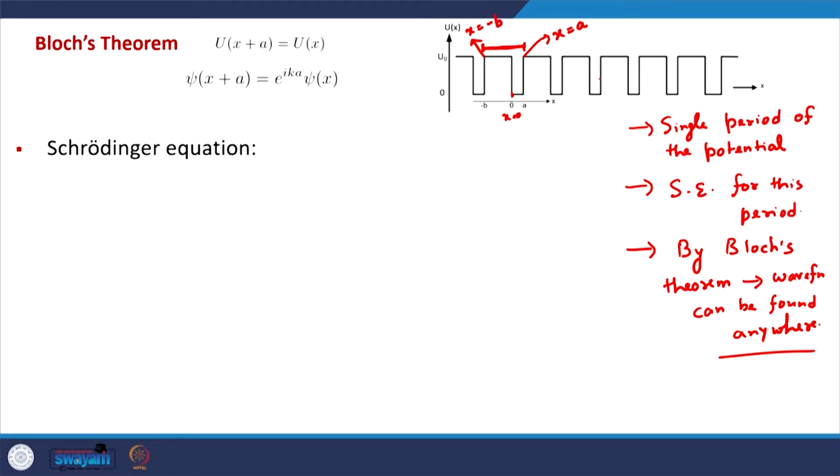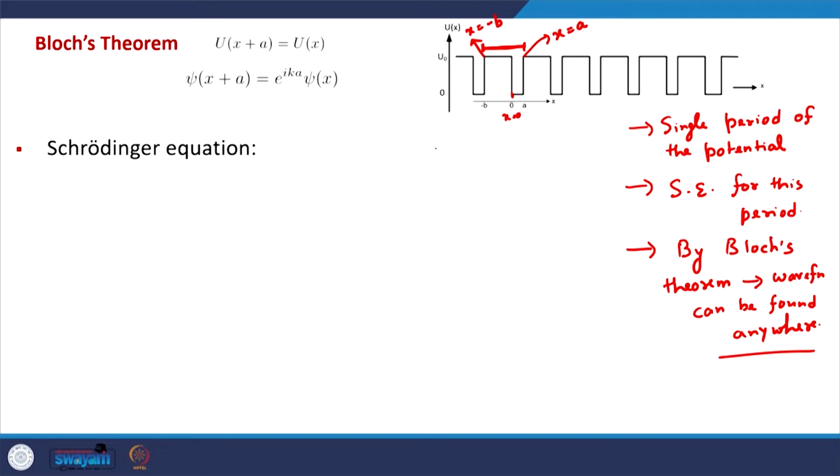So, in this case the potential has a certain pattern from x equal to minus b to x equal to a. And there is a jump in potential at x equal to 0, which is visible in this figure. And then this particular pattern from x equal to minus b to x equal to a repeats itself throughout the entire solid.